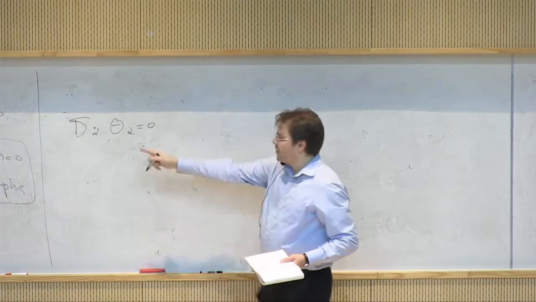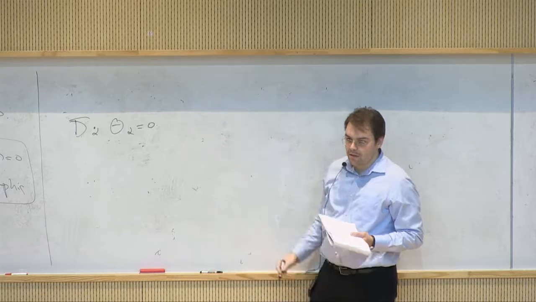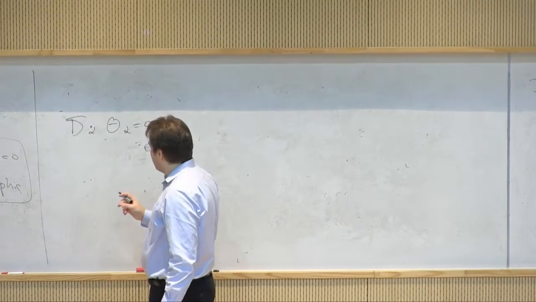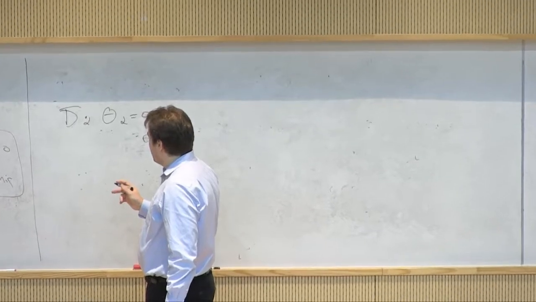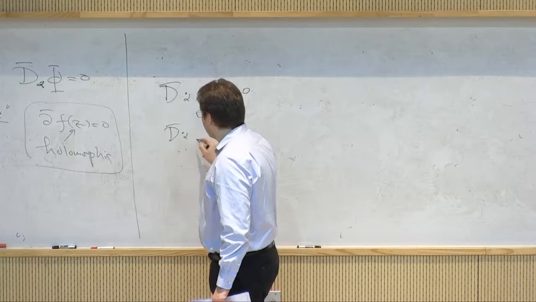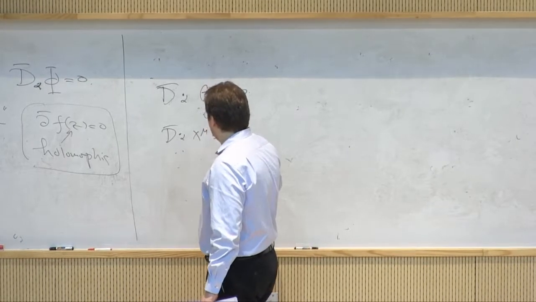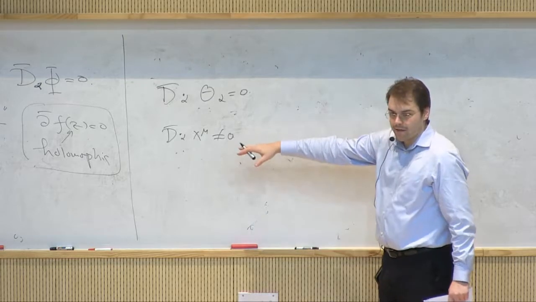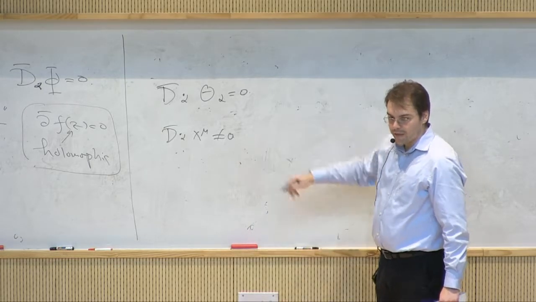So a chiral superfield can definitely be a function of theta. However, the thing with the spacetime coordinates is a little bit more complicated, because D bar alpha of x is not 0. So what we have to do is shift x by something involving the thetas to make it 0.